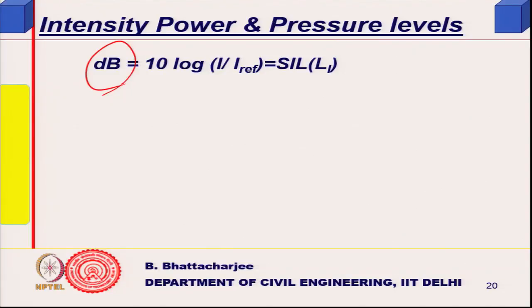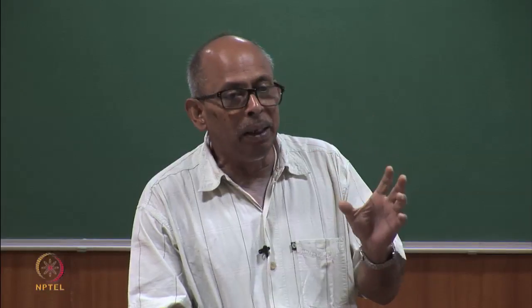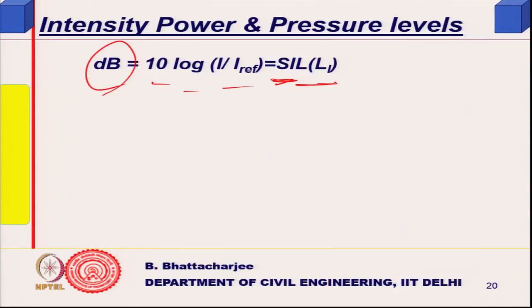Even in microwave attenuation, you will be talking in terms of decibel. So decibel is 10 log I by I ref, and we call it sound intensity level. Intensity levels are expressed in decibels, and quite often we denote by Li.